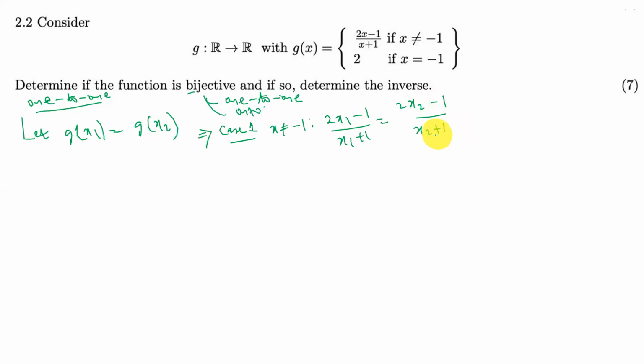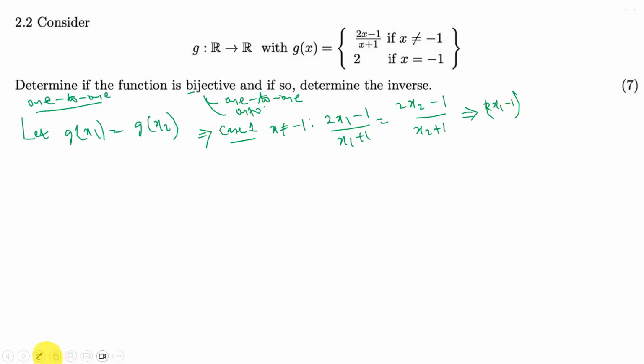Okay, can you manipulate this and be able to get to some conclusion? Okay, it looks very clear that x1 is going to be equal to x2, but we can just do algebraic manipulations.